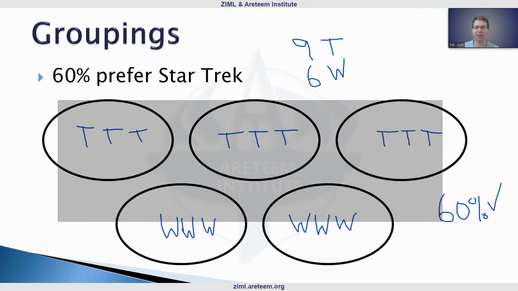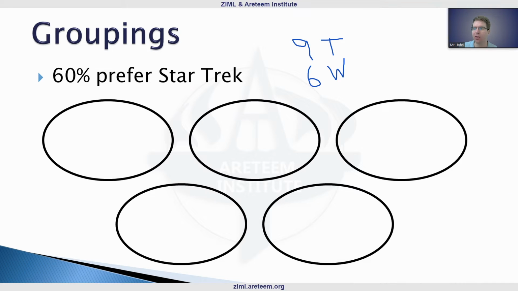Now, the whole point, remember, is that other things are possible as well. Can we come up with a grouping where 80% of the groups prefer Star Trek? We can't change the people. The key here is that we don't actually need 3 people in a group to prefer Star Trek for Star Trek to win the vote.